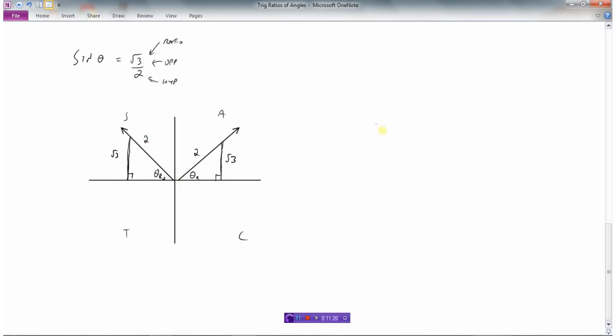Well, you should have learned your special triangles, and you should recognize that root 3 and 2 are two of the sides of this special triangle, where this angle here is 60 degrees and this angle here is 30 degrees. So what I'm going to look for now is what that reference angle is. What would that reference angle be so that when I take the sine of it, I get root 3 over 2.